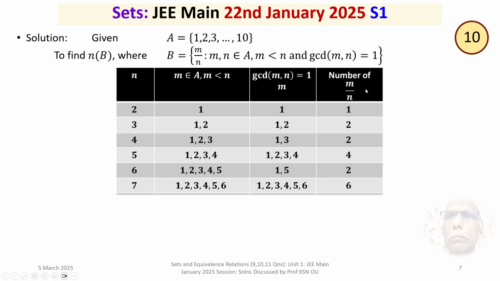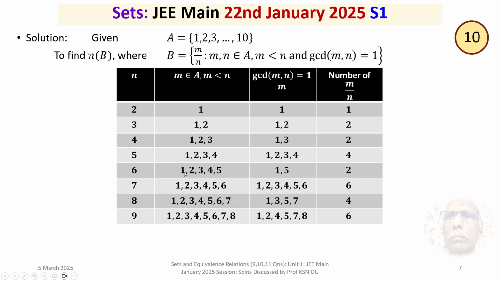And the number of m by n is 6. Next 8. The elements of A which are less than 8 are 1, 2, 3, 4, 5, 6, 7. The elements relatively prime with 8 out of these are 1, 3, 5, 7. They are 4 in number. The number of m by n will be 4.